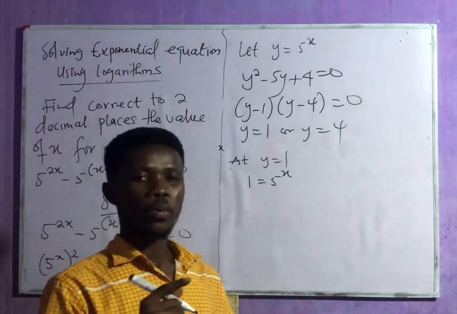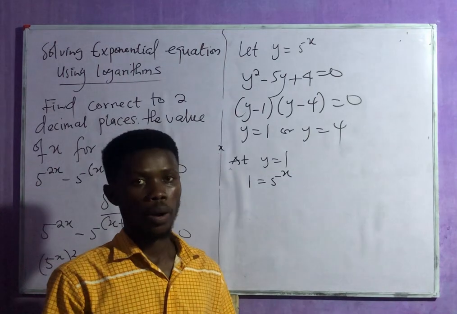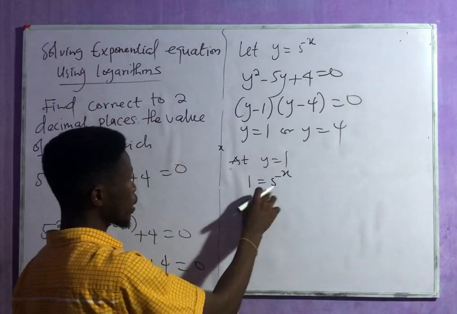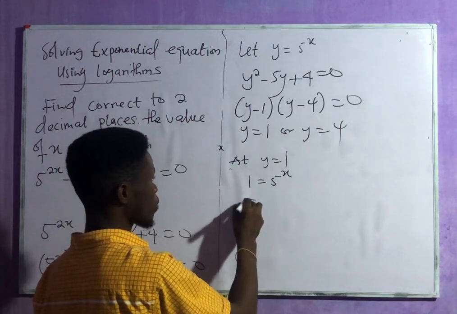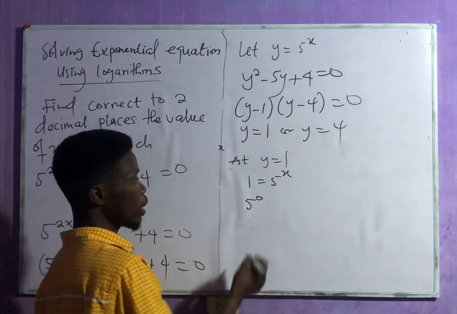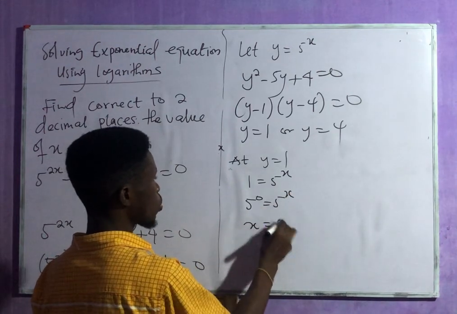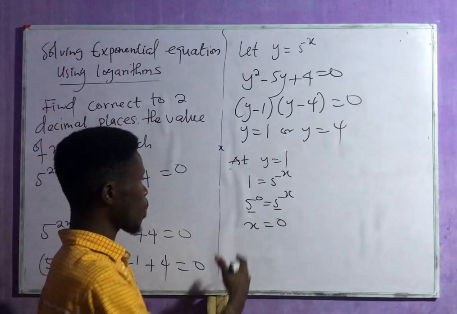Voila! If you remember, I told you that any non-zero number to the power 0 will give you 1. Here the base is 5, so I want to make the base the same. I can write this one as 5 to the power 0, which is still 1, equals 5 to the power x. Meaning that x equals 0, because the bases are the same, we simply equate the powers.